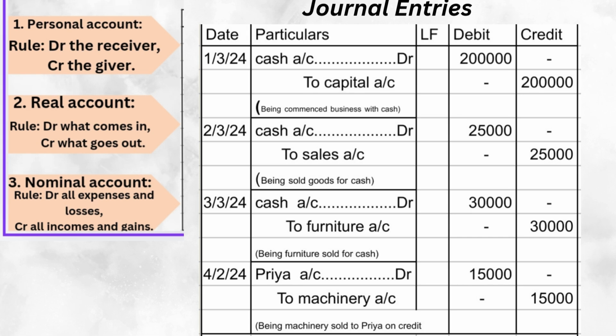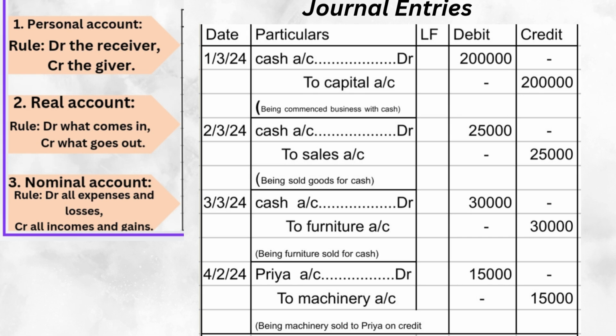Now the second transaction, sold goods to Sonu for cash. You are selling goods to Sonu, and Sonu is paying you cash. Then what is the need of remembering Sonu? No need, right? Your cash is coming and your sales are going. You need to simply ignore the name. So what is the journal entry? Debit what comes in. What is coming in? Cash. Debit what comes in, credit what goes out.